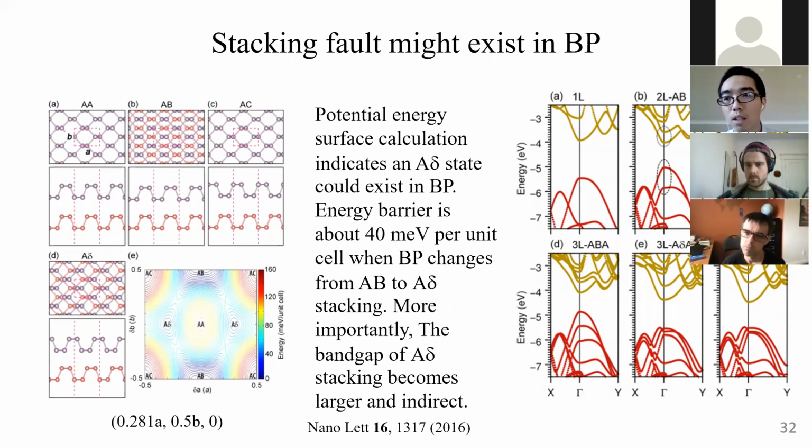It doesn't agree with the measured black phosphorus from mechanical exfoliation, whose absorption is quite high in the infrared region, and it also doesn't agree with the simulated absorption spectrum. So we think this is possible evidence of black phosphorus being an indirect bandgap material after changing from AB stacking to A delta stacking.